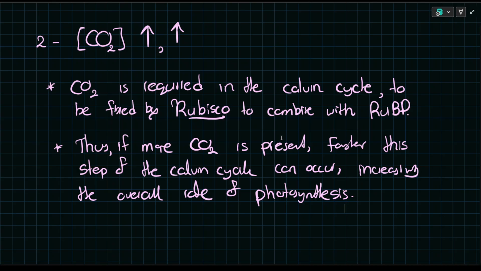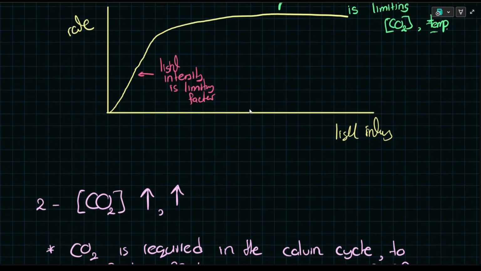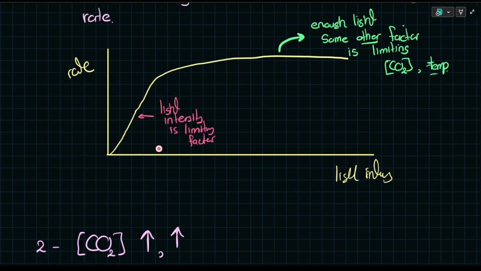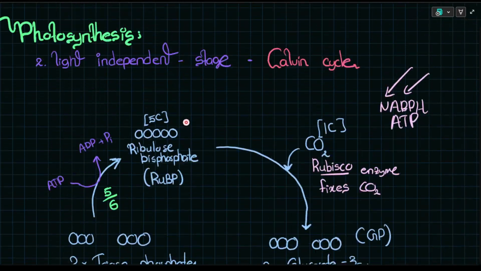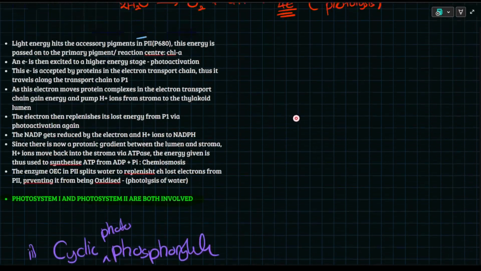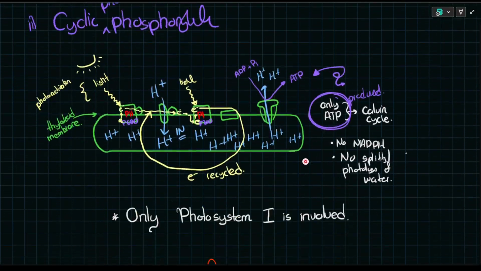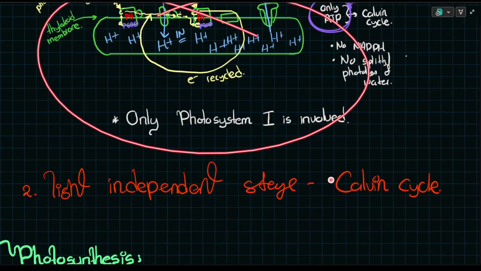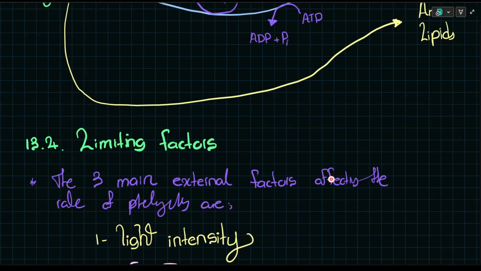So that's the thing with these limiting factors. Whenever you are presented with a limiting factor, you have to know what stage or where exactly it affects. Since you know the Calvin cycle and photophosphorylation, that will not be a problem because you can link it back.